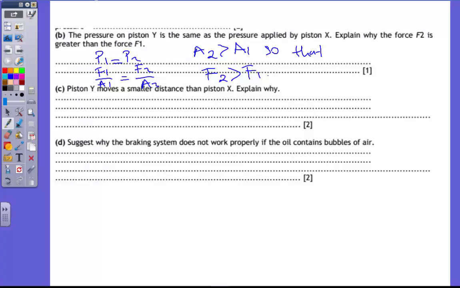Piston Y moves a smaller distance than piston X. Why does piston Y move a smaller distance than piston X? Because of the work done.